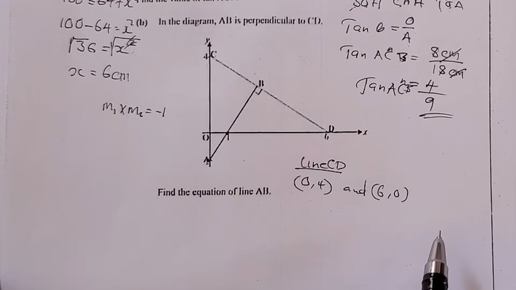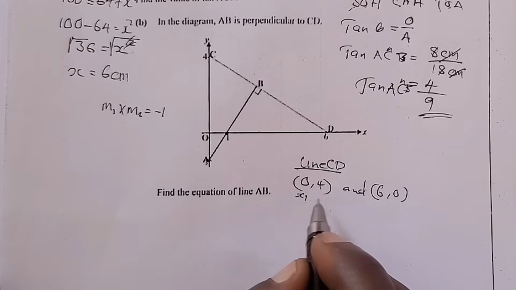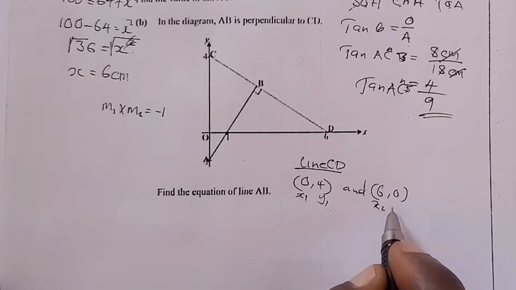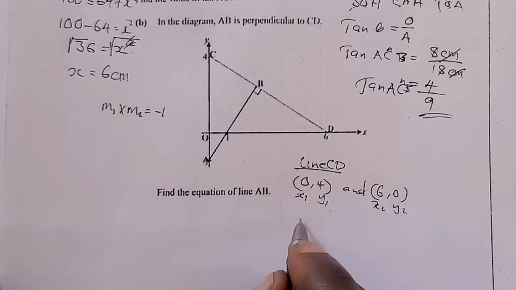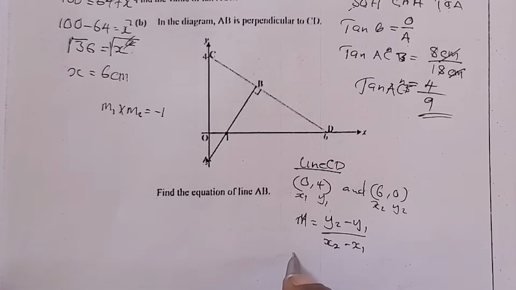We're not going to find the equation, we're going to find the gradient. So this is x1, y1, x2, y2. The gradient formula is m equals y2 minus y1 over x2 minus x1. Let's say this is gradient 1.